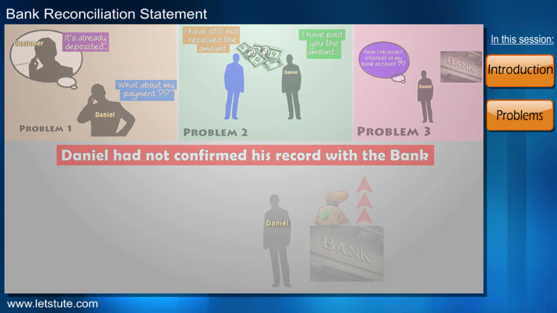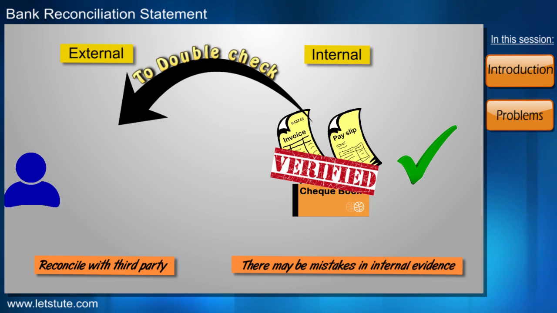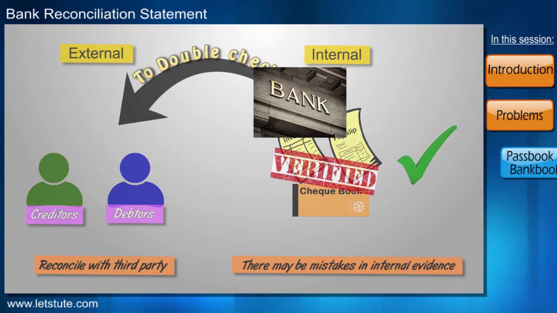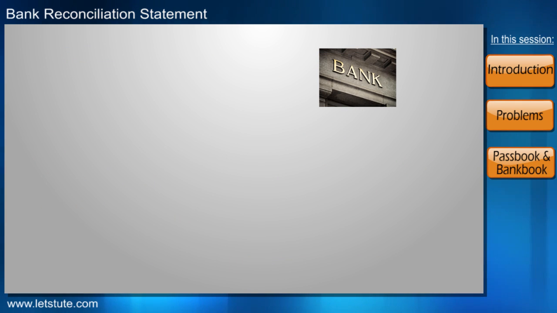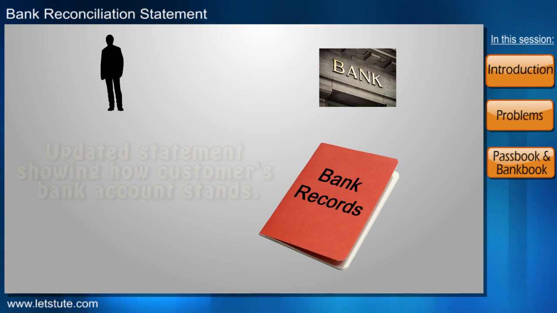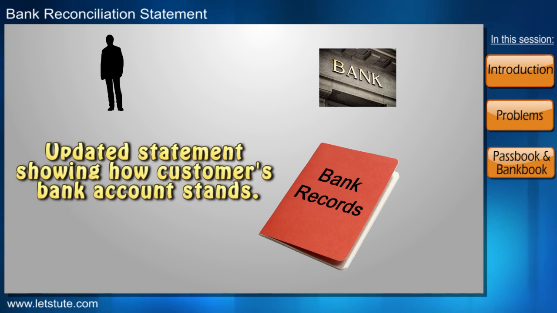So like we get external confirmation from debtors and creditors to reconcile balances with them, in a similar manner, we also need to reconcile our records with the bank. And to check such transactions, a bank needs to send its customers a regularly updated statement showing how his bank account stands in their books.